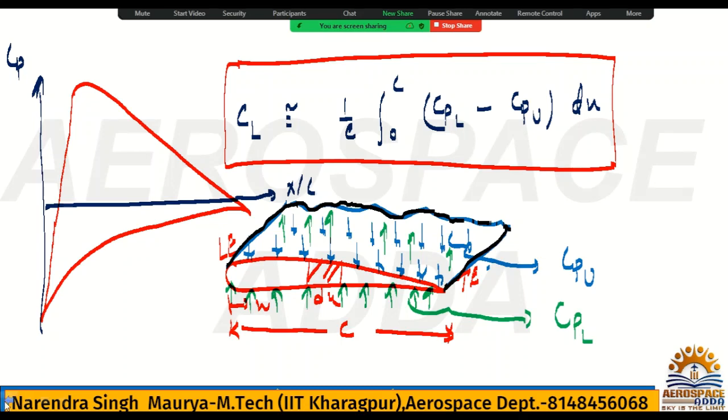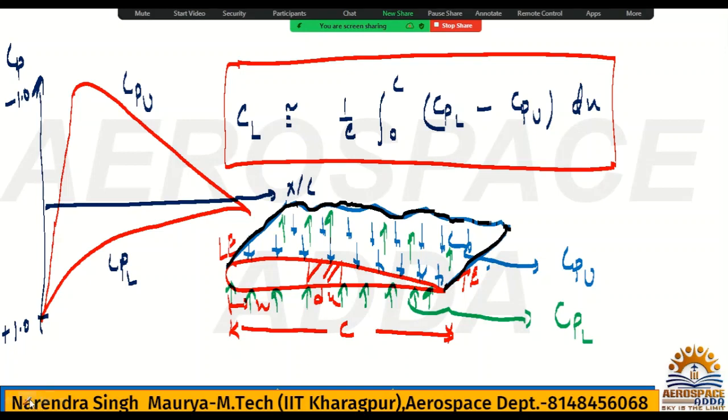This is Cpl, this is Cpu. The value you can write, just say this is 1.0, positive because it is the lower side, and this is negative because it is the upper side. I told you upper side pressure should be less, then only you will get lift, which means upward force. Upper side pressure will be less and lower side pressure will be more, hence you will get lift, and then your aircraft will fly.